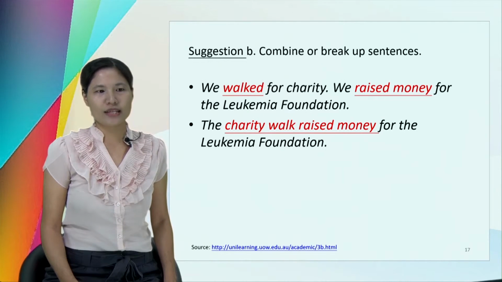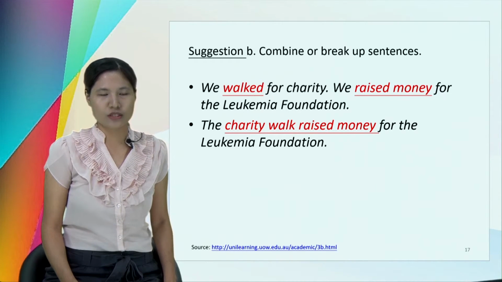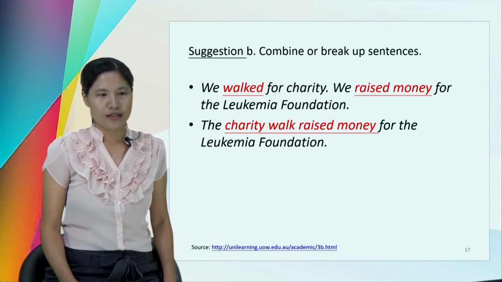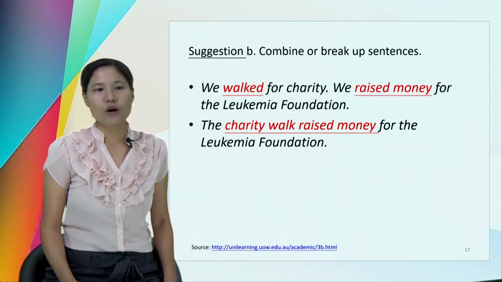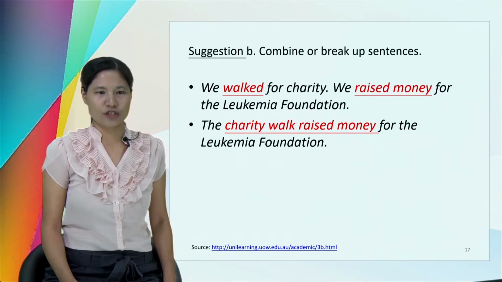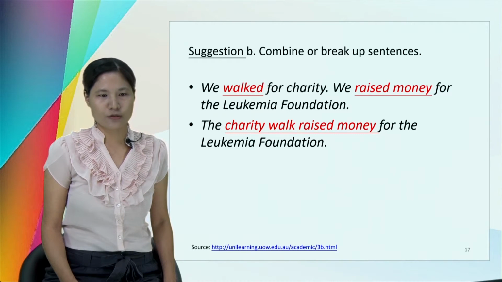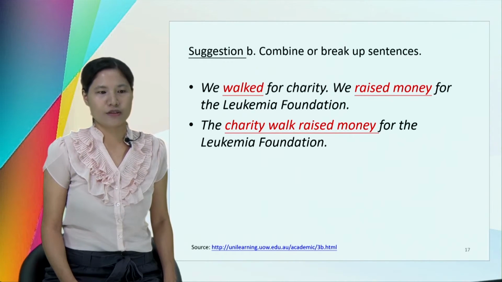Now let me show you the next example. We can combine or break up sentences. 可以结合两个句子，或是把一个句子拆成两句。In this example, we can see, we walk for a charity. We raise money for the Leukemia Foundation. So these two sentences, right, we can combine them by saying, the charity walk raised money for the Leukemia Foundation.